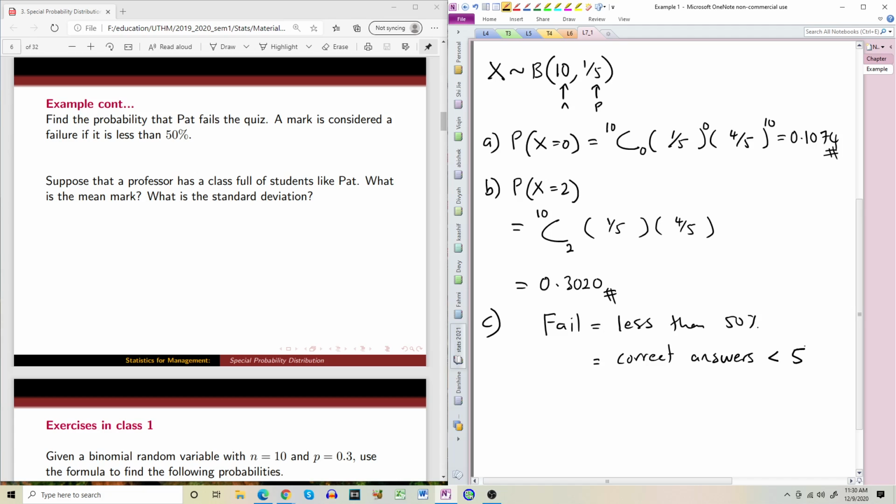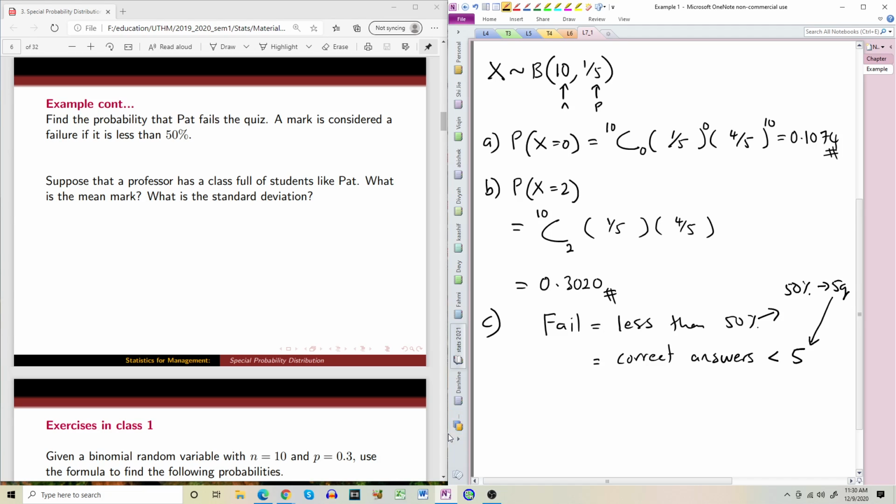Out of 10, if your correct answers are less than 5, then you fail. Equal to 5, you are on the border, pass, because 50 percentage out of 10 is 5 questions. That's why I get 5 here. It must be less than 5 questions, then you have failed.